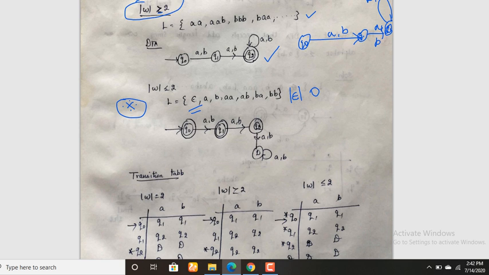Epsilon means null string. The length of the epsilon is 0. It's an important thing. We have already seen in the previous videos that the length of the empty string, the length of the null string, is equal to 0. So 0 is also added.